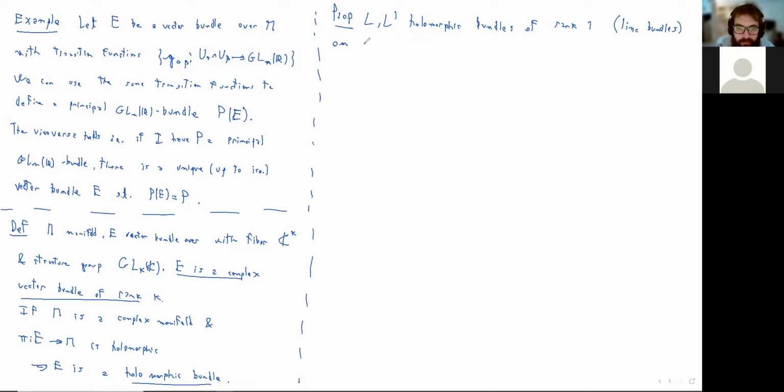So on a complex manifold M, let's take the two line bundles L and L prime, with transition functions G alpha beta and G alpha beta prime, respectively.